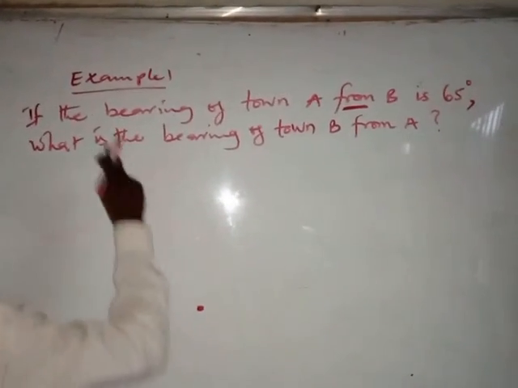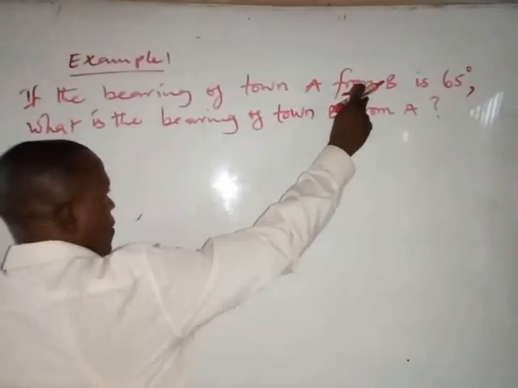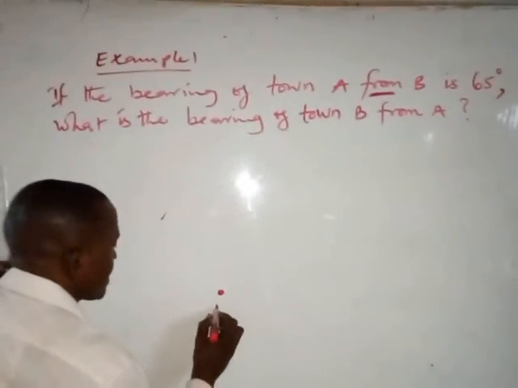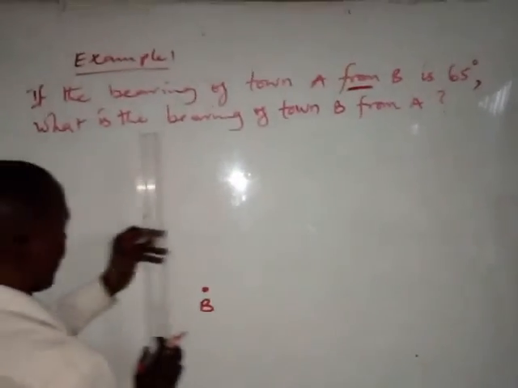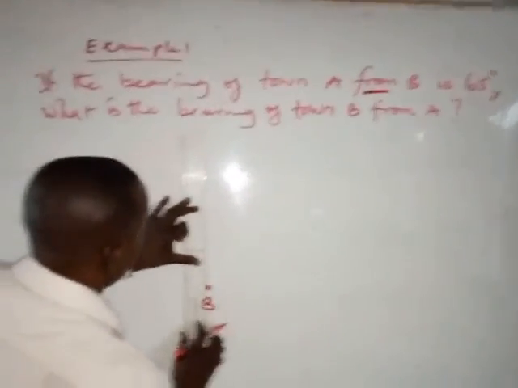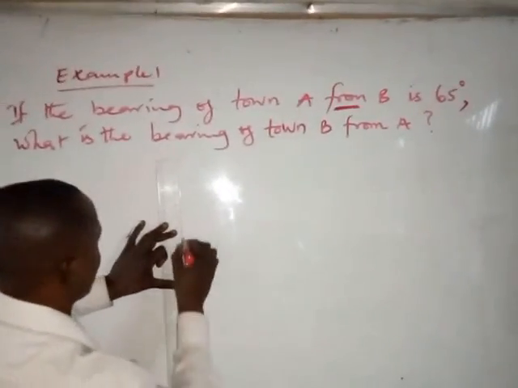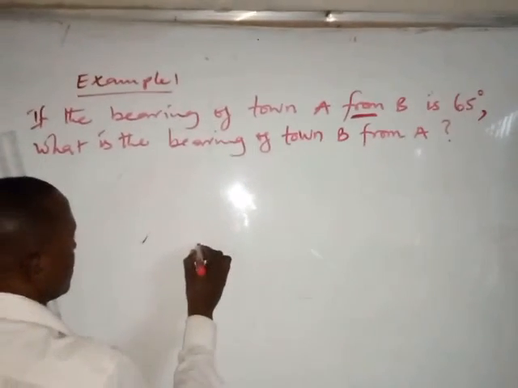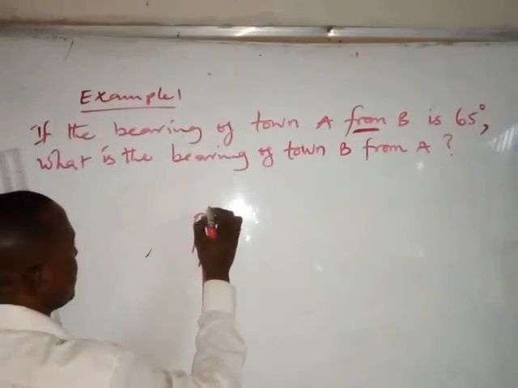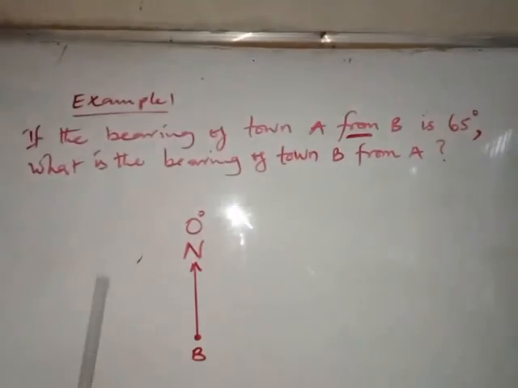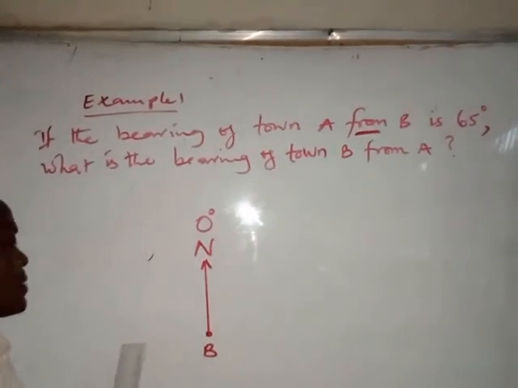Alright, the bearing of town A from B. So, this is town B. That is the starting point. Okay? Now, at this starting point, I have a true north position. So, I have true north position and the bearing is 0 degree. The true north is 0 degree.